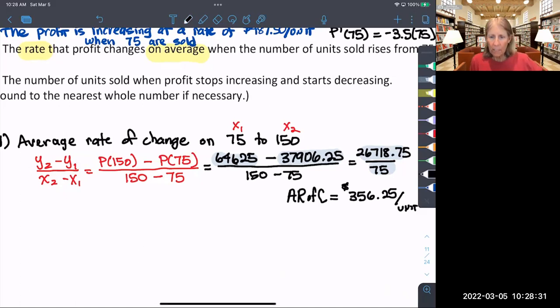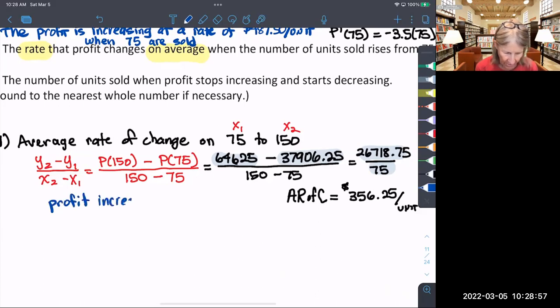So notice it's a positive number. That's just telling you that when you sell from 75 units to 150 units, on average, the profit's going up 356.25 a unit. Okay, so that's a good news thing. Profit is increasing. So I'm going to put just some words here. I'm going to say profit increases, and then you have to use the word average.